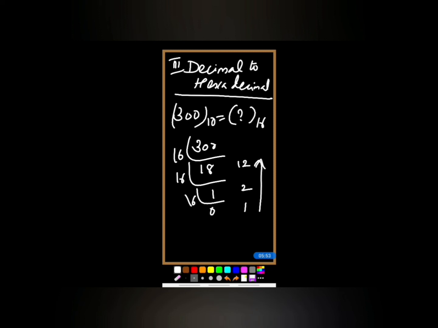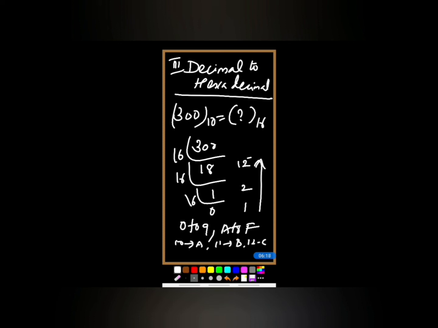But in the case of hexadecimal, 0 to 9 and 10 onwards, A to F. So 10 A, 11 B, 12 C accordingly. 13 D, 14 E and 15 F likewise.